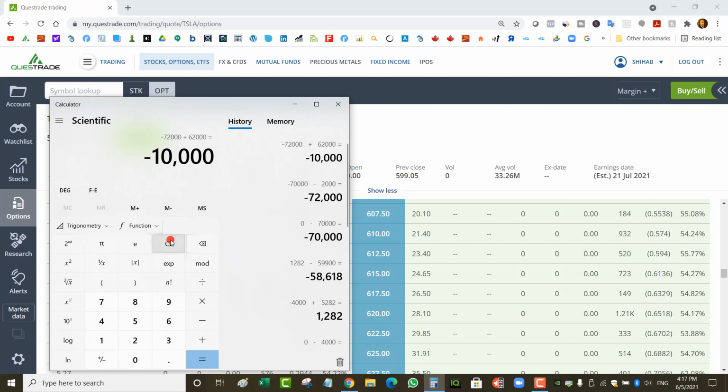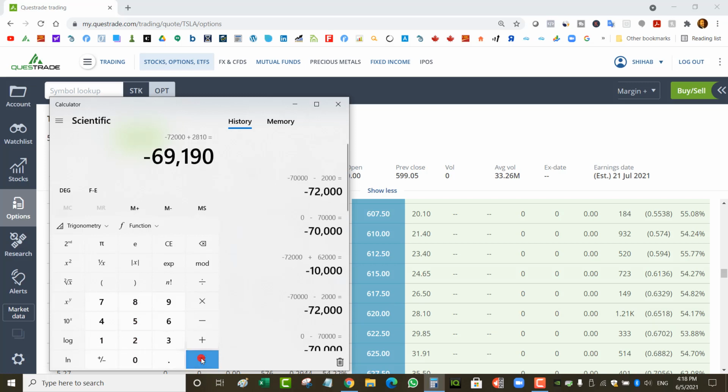Now, what happens if, instead of exercising the put option, you just sell your put option and then sell your shares at whatever market price it's trading at? Remember, I paid $700 times 100, so that's $70,000, and then I paid $2,000 for the put option. But then my put option is worth $28, so I'm going to collect $2,800 coming into my account.